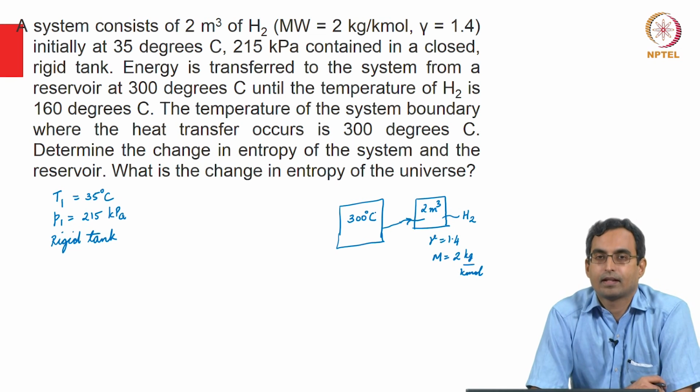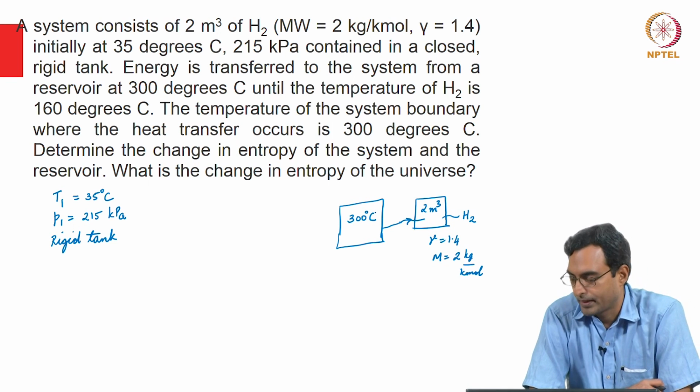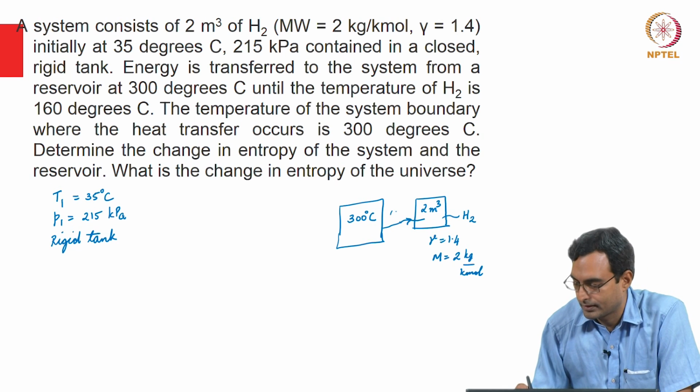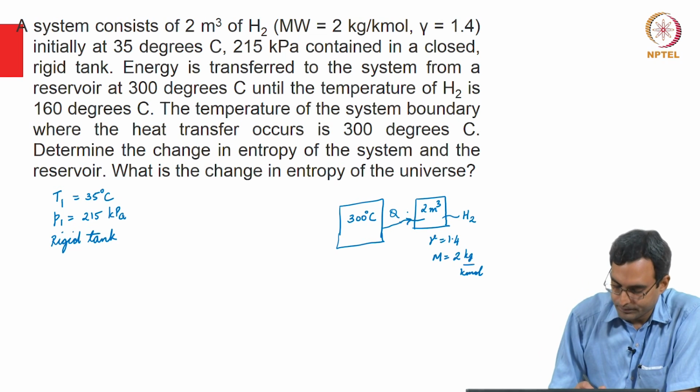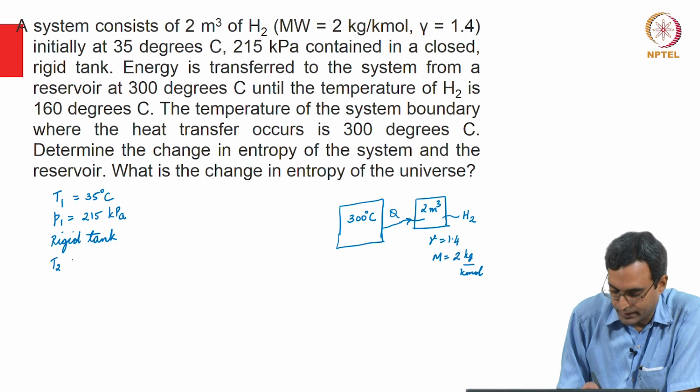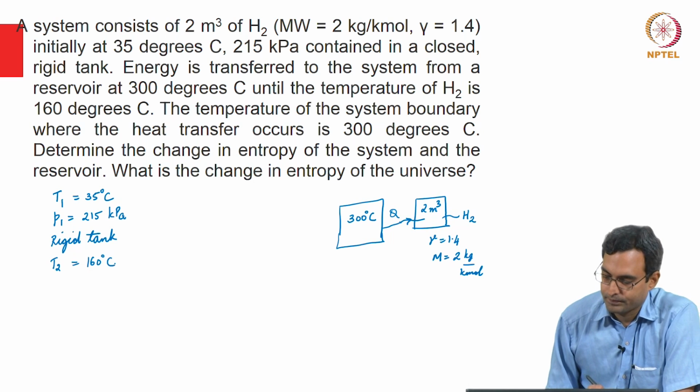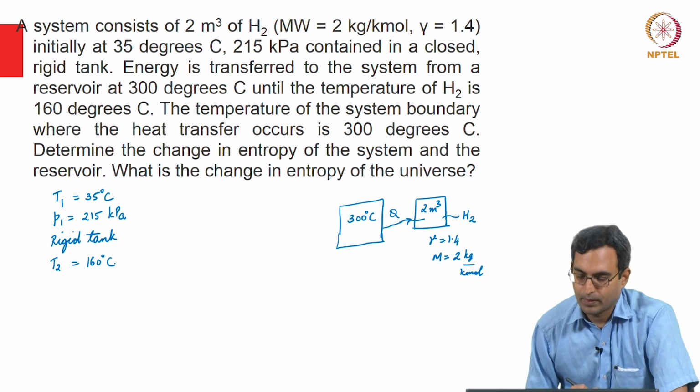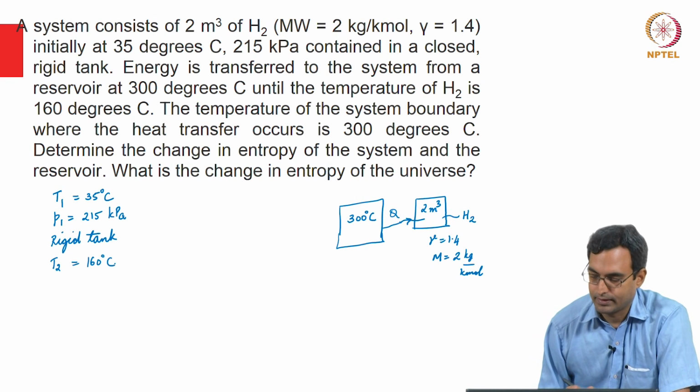So I have energy transferred due to a difference in temperature. So I would call this heat. So we have T2 for the hydrogen as being 160 degrees centigrade. The temperature of the system boundary where the heat transfer occurs is 300 degrees centigrade.